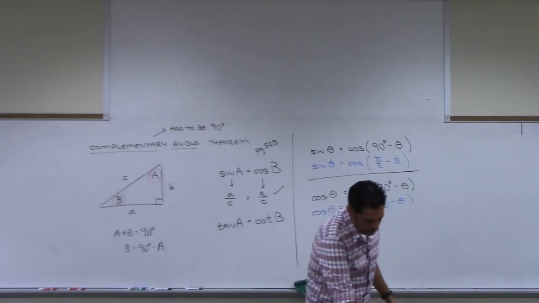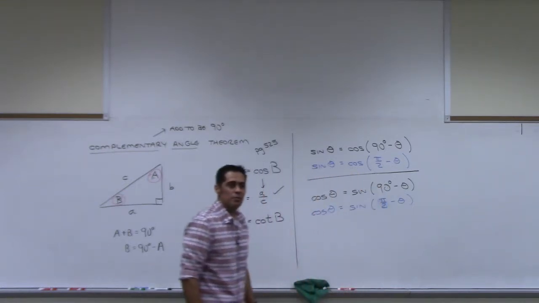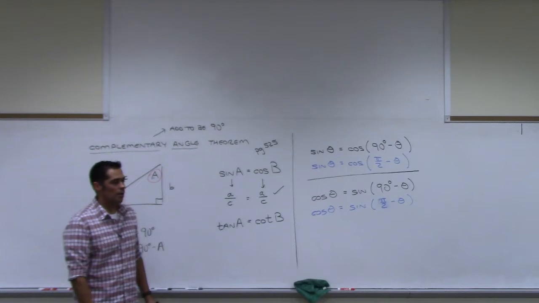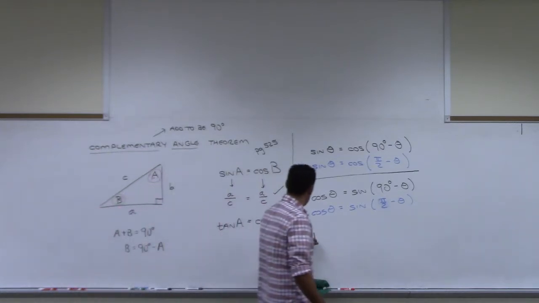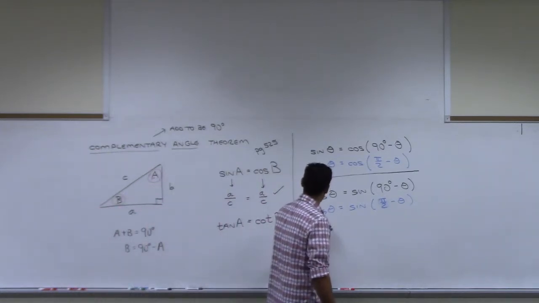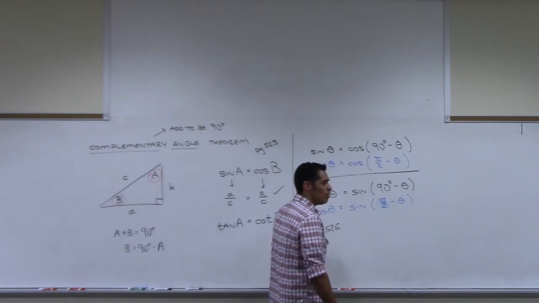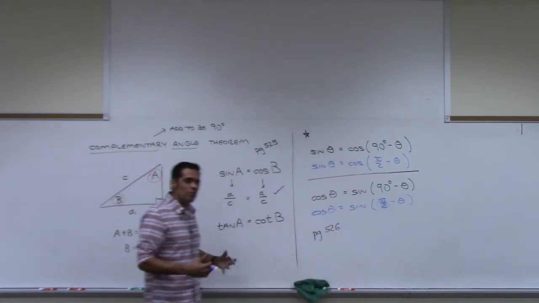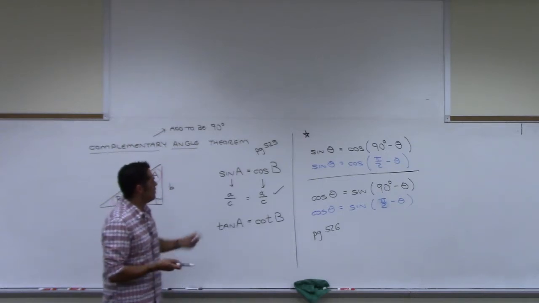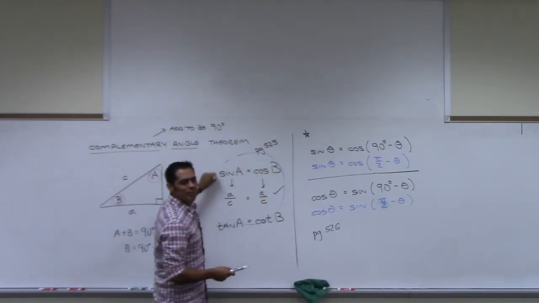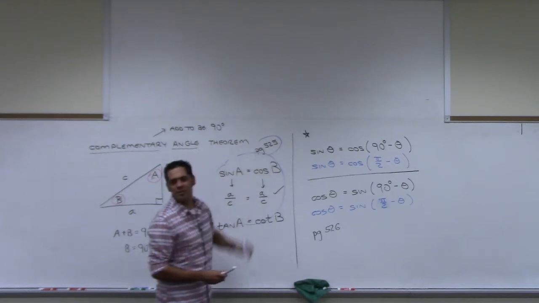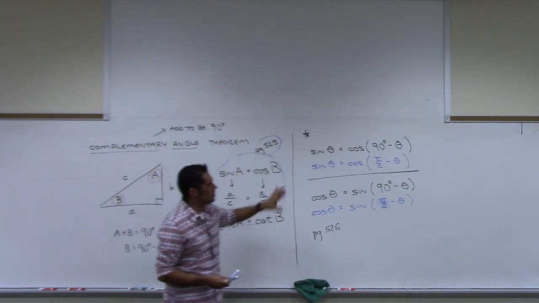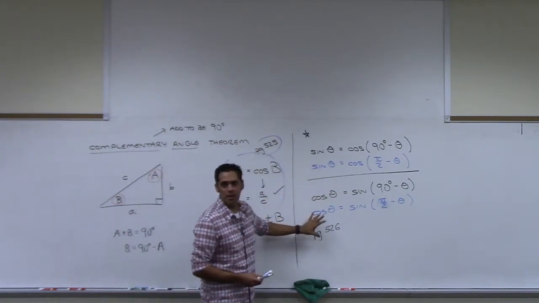And there are 4 more listed on page 526. I'll put a little star next to this because that is something you do want to know. But this on page 525, not so much. These are far more important to know than these.